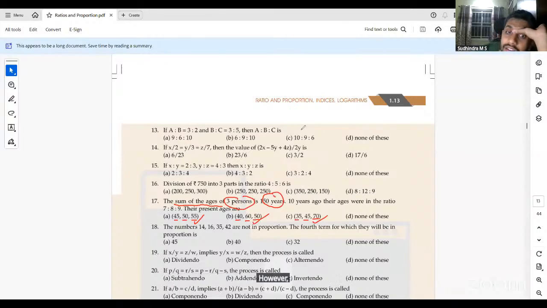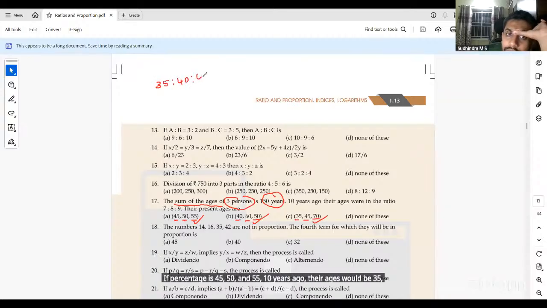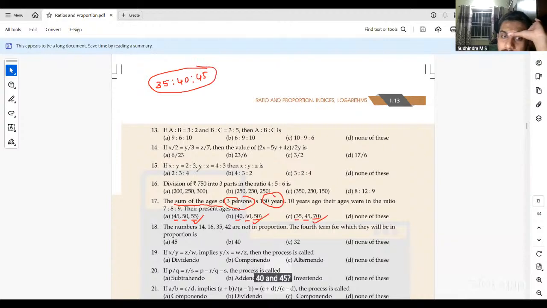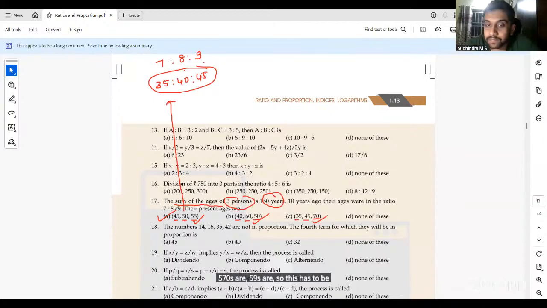However, 10 years ago, if the present ages are 45, 50 and 55, their ages would be 35, 40 and 45. Is this in the ratio of 7 is to 8 is to 9? Yes, 5 sevens are 35, 5 eights are 40, 5 nines are 45. So this has to be the answer.